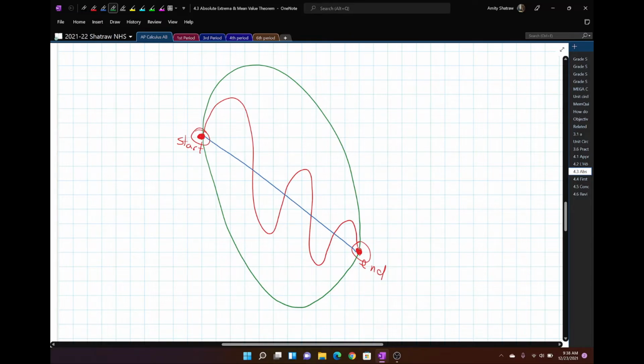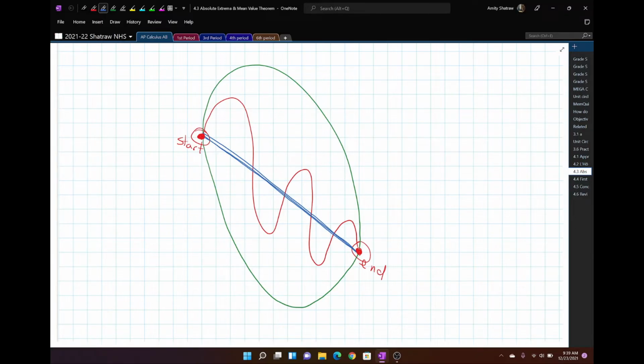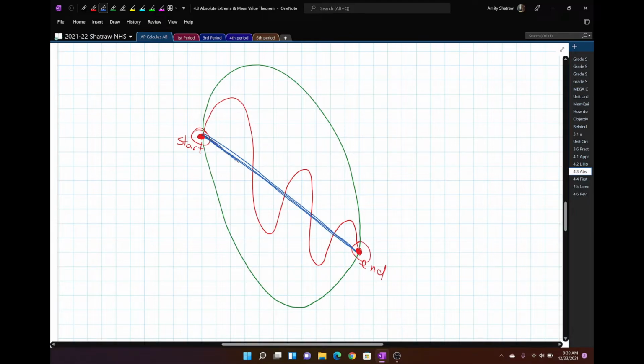But I'm guaranteeing you that this blue line, which is the straightest path, was my rate of change on average. So I know that somewhere in that path, there had to be a moment where I was traveling exactly the same as this blue line.